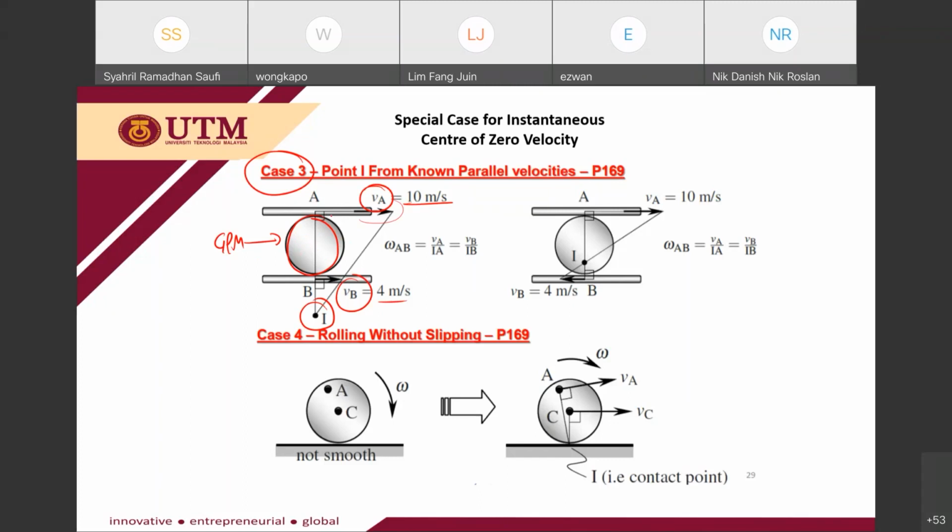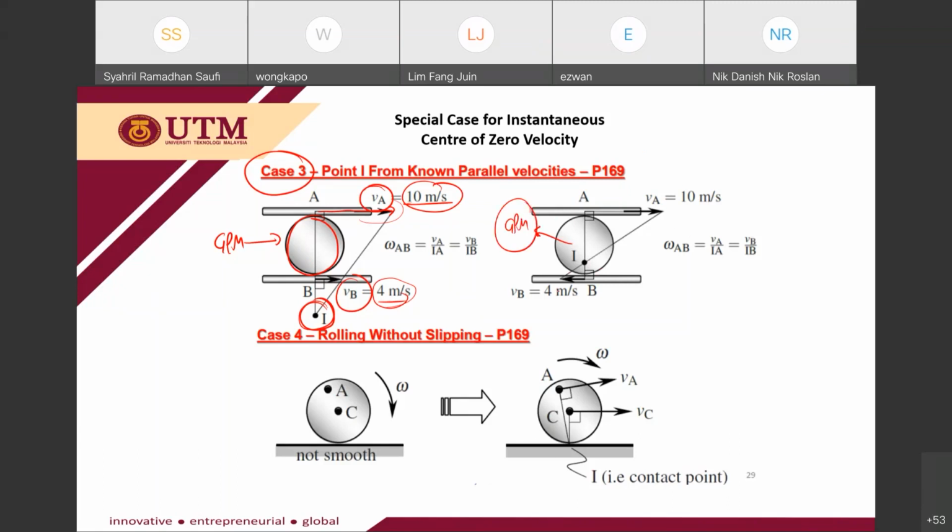For VA, you have a longer velocity line because of the higher magnitude, and VB has a shorter length due to the smaller magnitude. Then from the tips of the velocity lines, you can determine the instantaneous center of zero velocity. Basically, this is a very rare case. If you have opposite directions, this roller also becomes GPM.